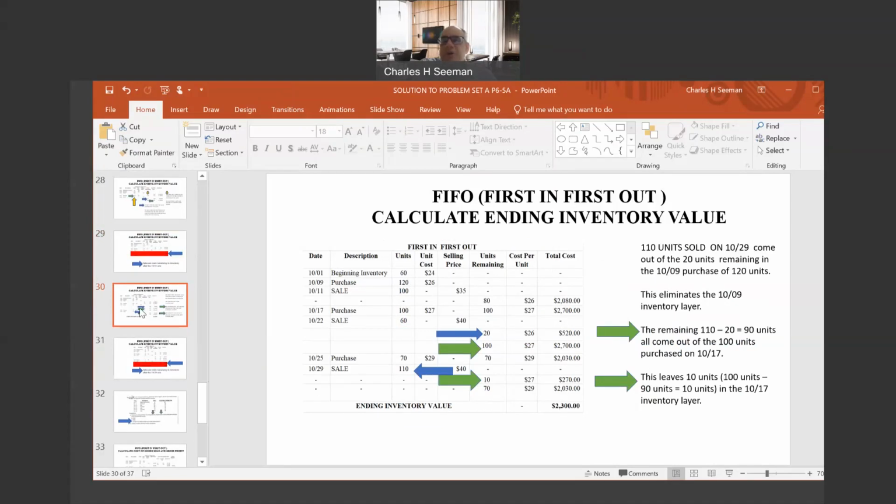So the ending inventory for first in, first out would be $2,300. 10 units at 27 and 70 units at 29.